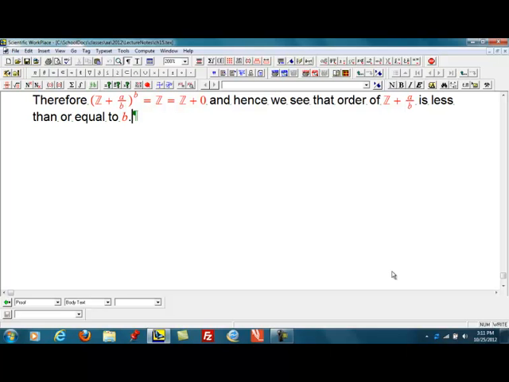Why not just equal? Because the order definition is the smallest positive integer that takes it to the identity. It could be that our fraction cancels out. In other words, we could have part of b as a factor of a, like 12 over something that cancels with part of the 12, and so a smaller integer would make it go away sooner.